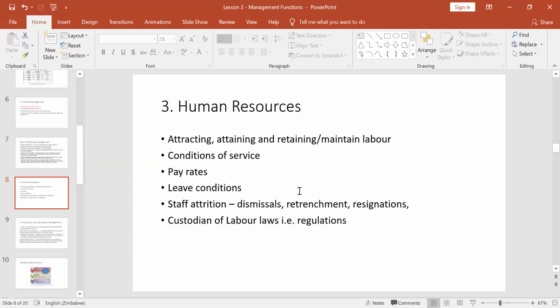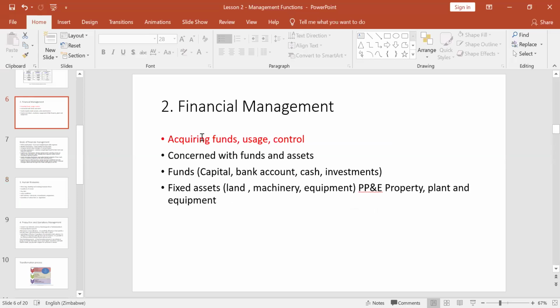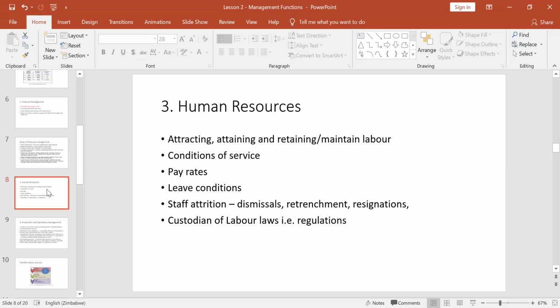So they attract, they attain, and they retain the labor. So they have three main functions there, same as the financial management. We say they acquire, they use, and they control. With human resources, we say they attract, they attain, and they retain.